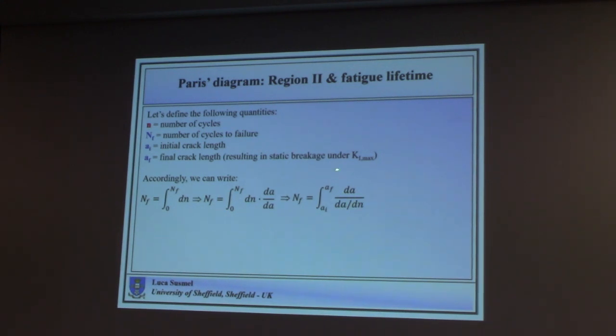I can do it because the boundary conditions are consistent here. Here I'm tackling the problem in terms of number of cycles, and here in terms of crack length. But af corresponds to nf and ai corresponds to 0 in this schematization, so there is a perfect consistency between these two terms.